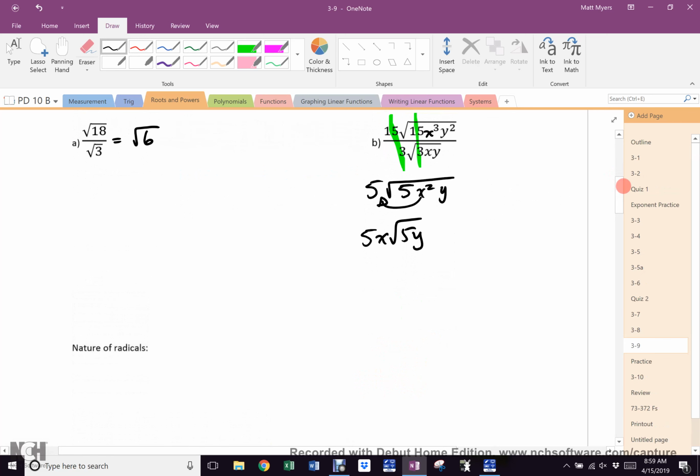You can all do that? If I write one more here, you'll be able to figure it out?